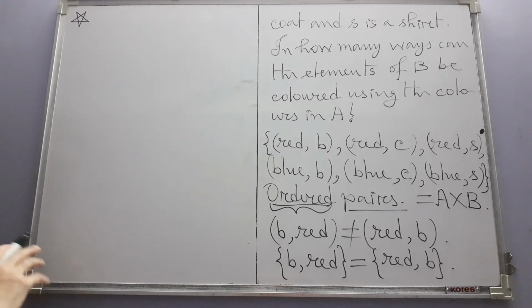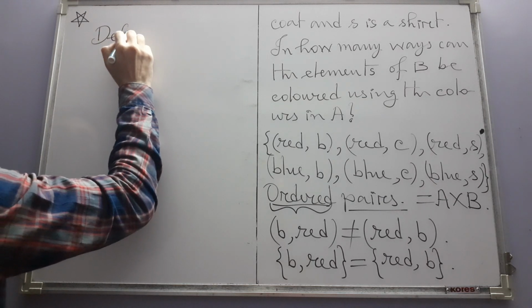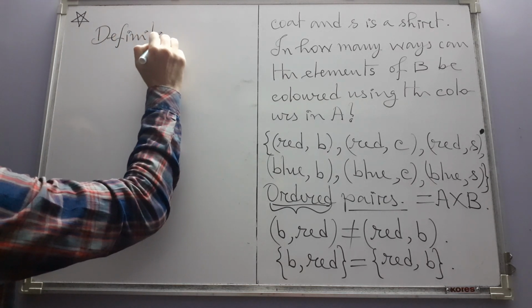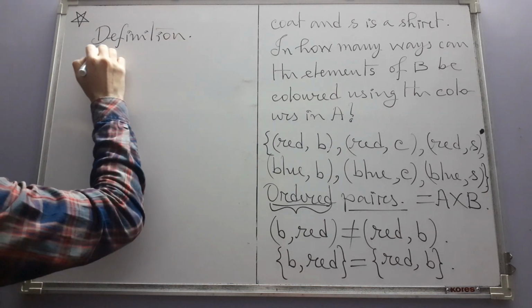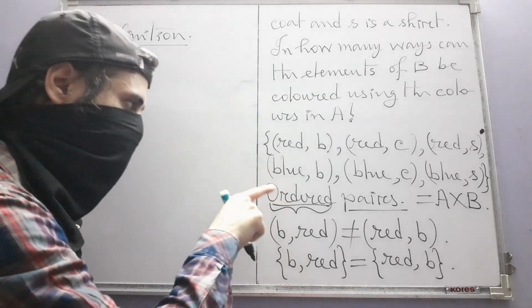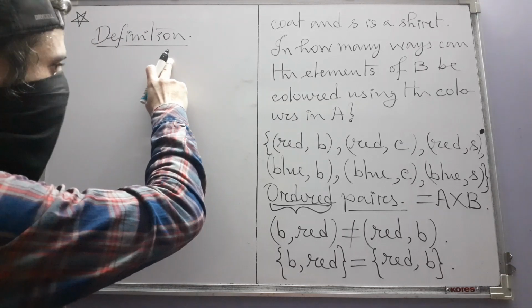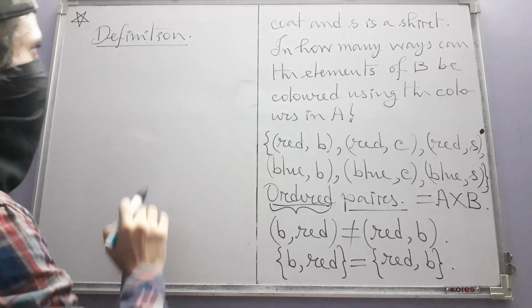So the definition takes that case into account also. Note that the definition assumes that we know what ordered pairs are. Based on that only we have the definition of Cartesian product.